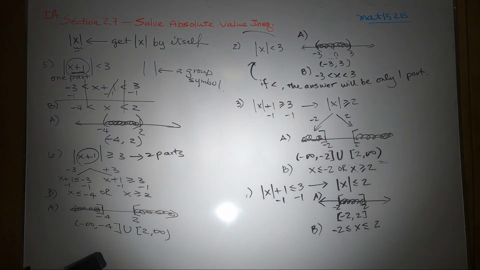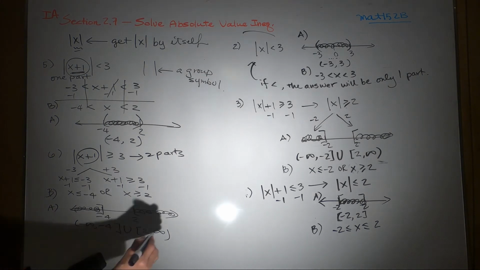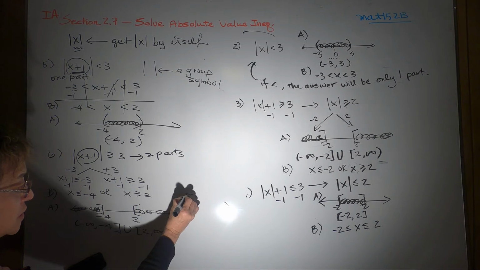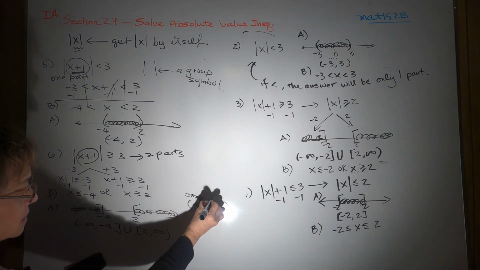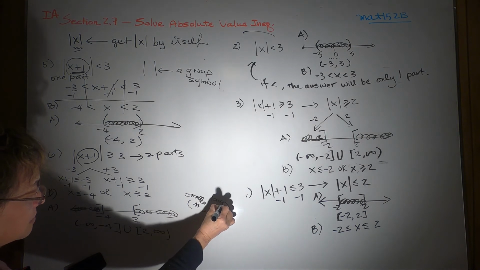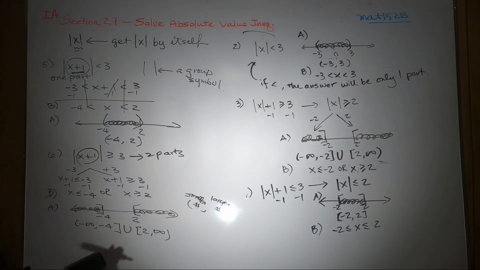Union. For the interval notation, you always write what? Smaller number to the larger number, right? With bracket or with parentheses. Either way, so you write it from what? Left to right.